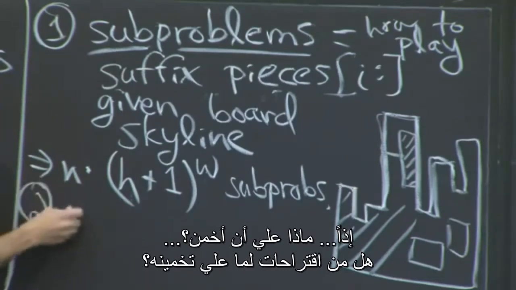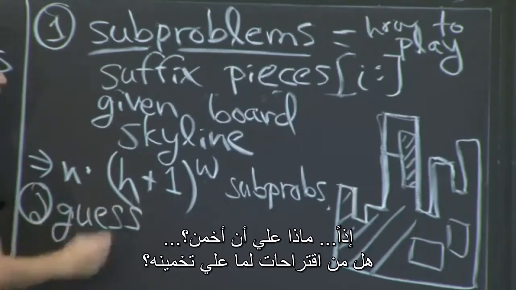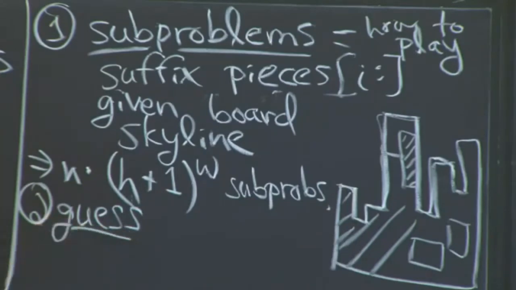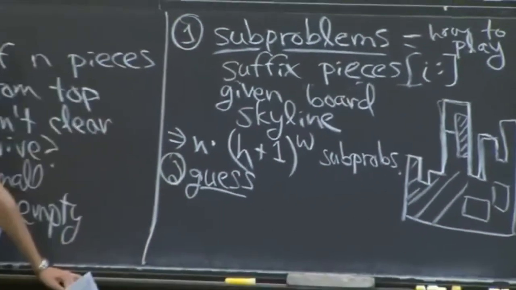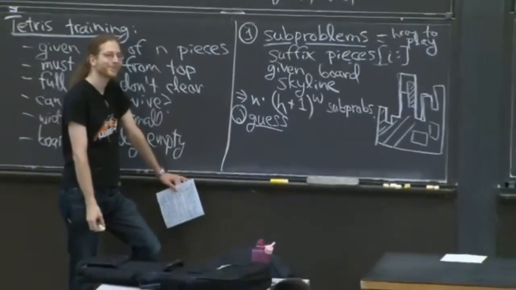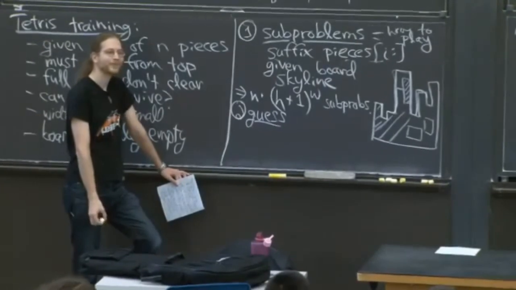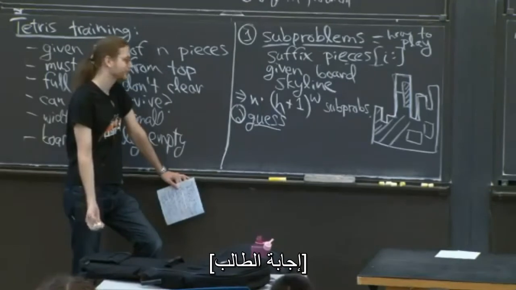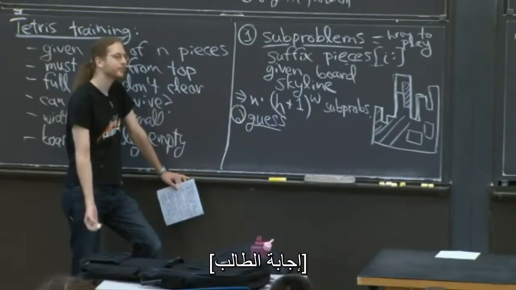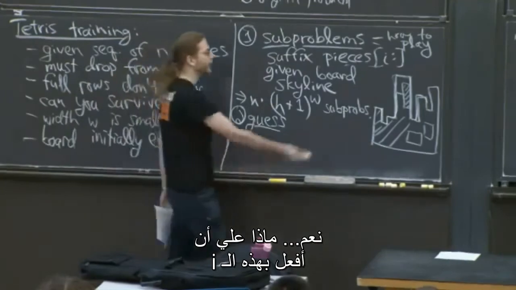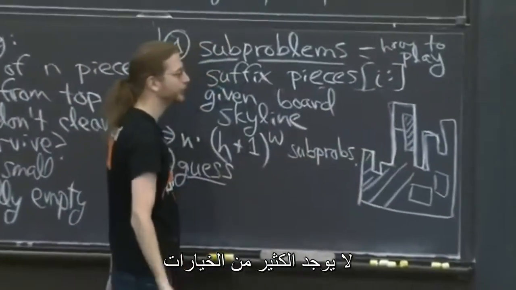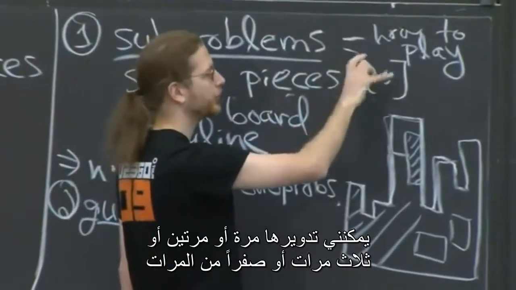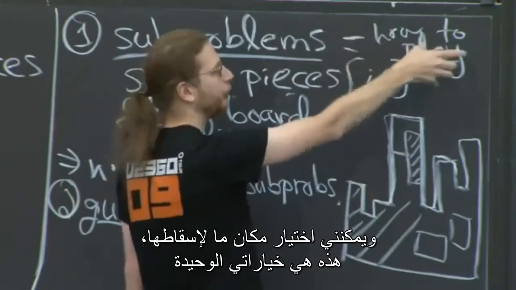OK, then what do I guess? Any suggestions what to guess? Yeah, what should I do with piece i? There's not that many choices. I can rotate it 0, 1, 2, or 3 times, and I can choose some place to drop it.